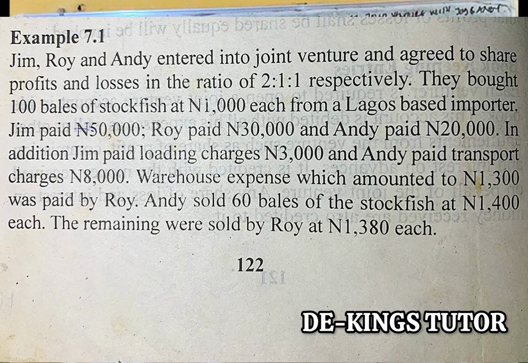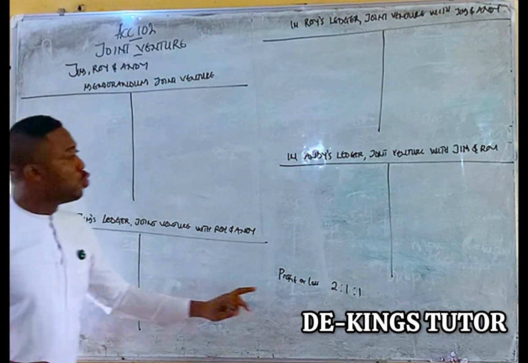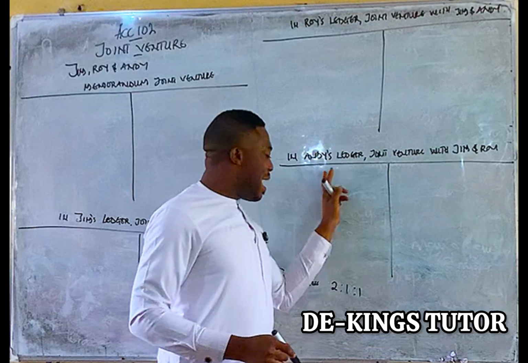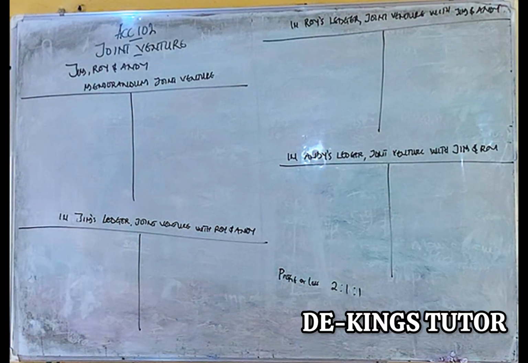So they said their profit or loss ratio is 2:1:1, right? So it means for Jim it is 2, for Roy it is 1, and for Andy it is 1, the same way their names go. Okay, continue.